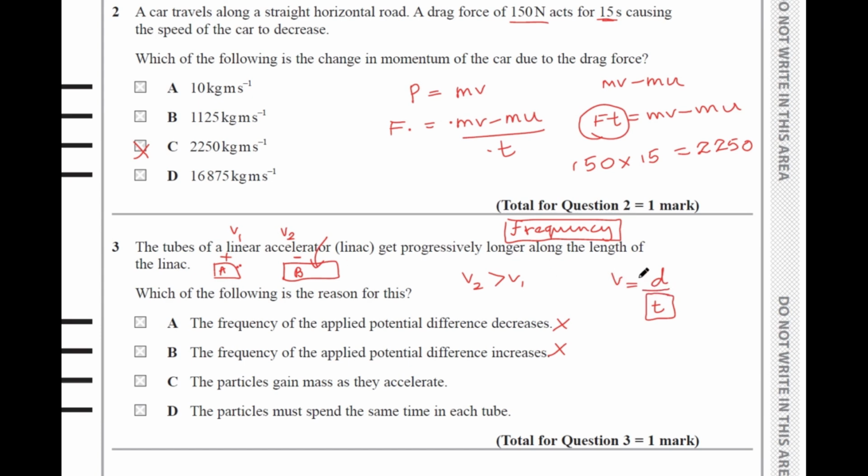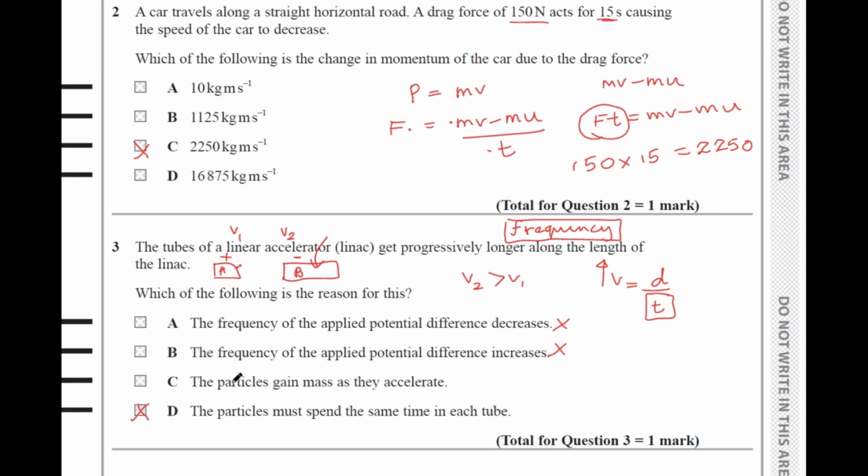Therefore, in order to spend a constant amount of time in each tube, we have to make the length of the tube longer because velocity is greater. So it covers a larger distance for the same amount of time as it moves to the next drift tube. So answer is D.